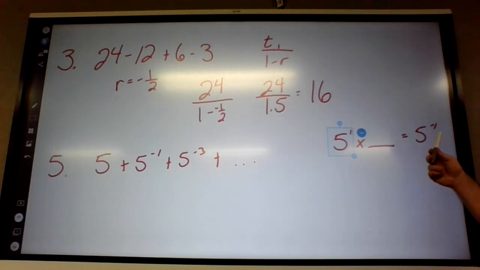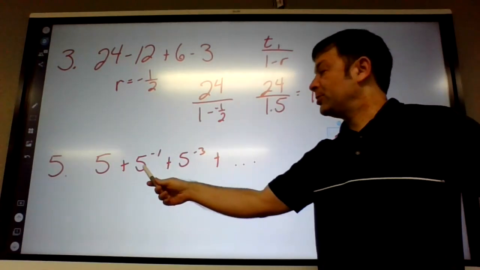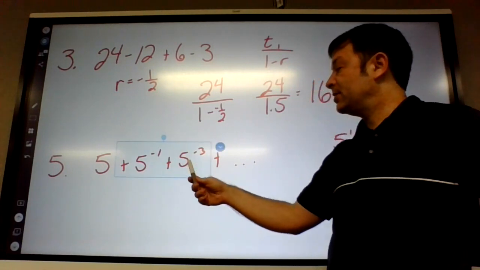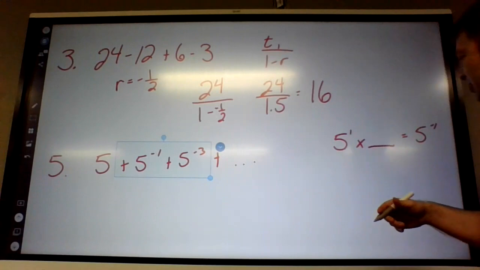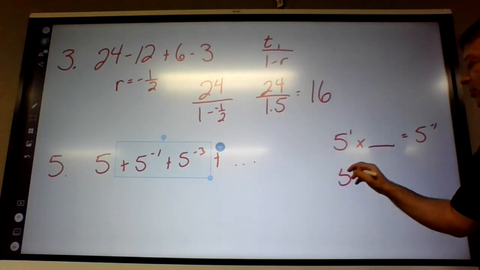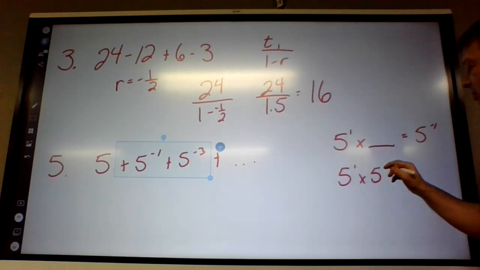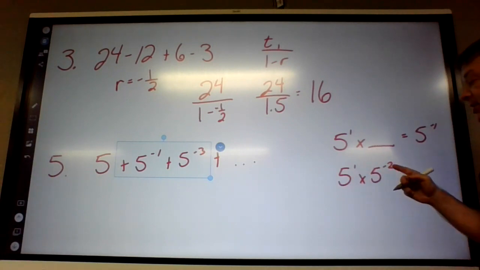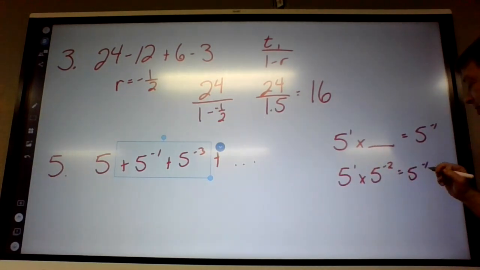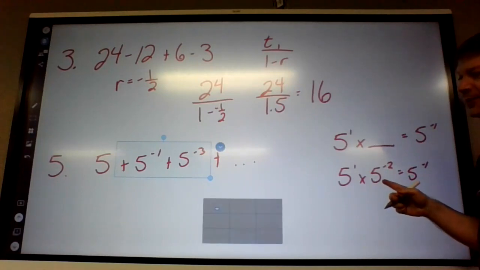Or what do we multiply 5 to the negative 1 by to get 5 to the negative 3? When you multiply with the same base, you add the exponents. So it would be 5 to the negative 2.